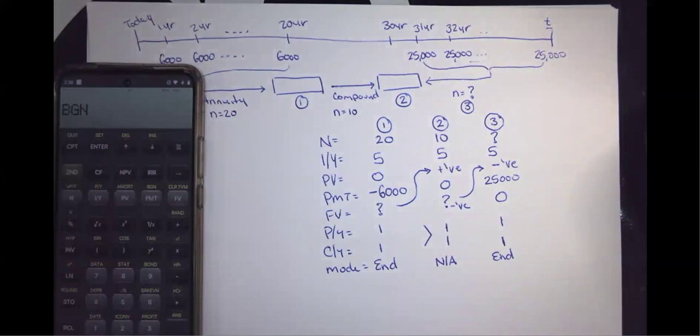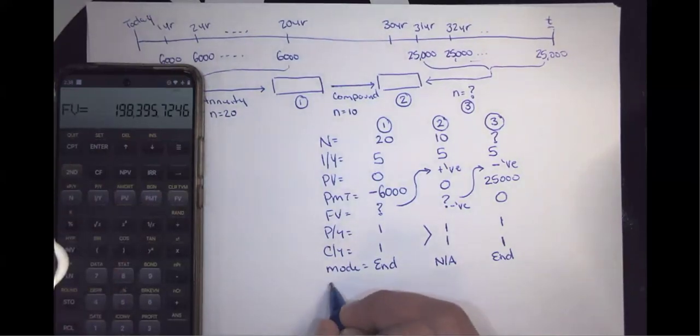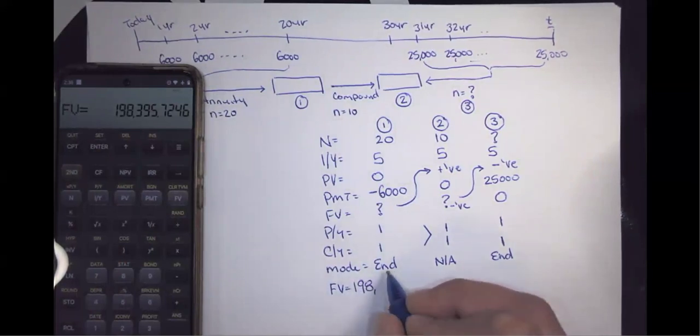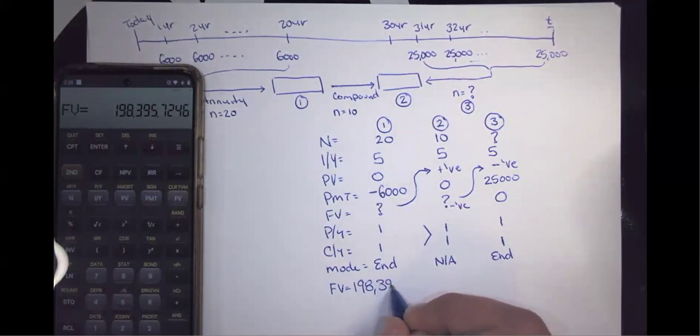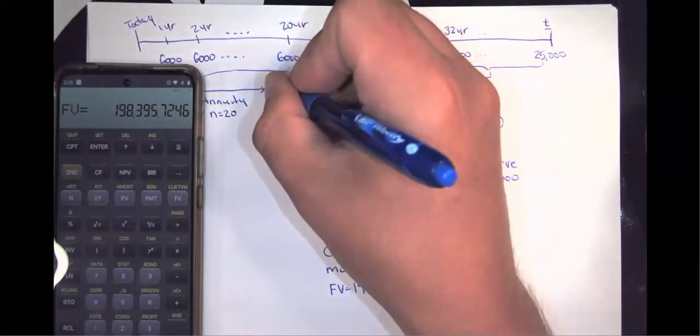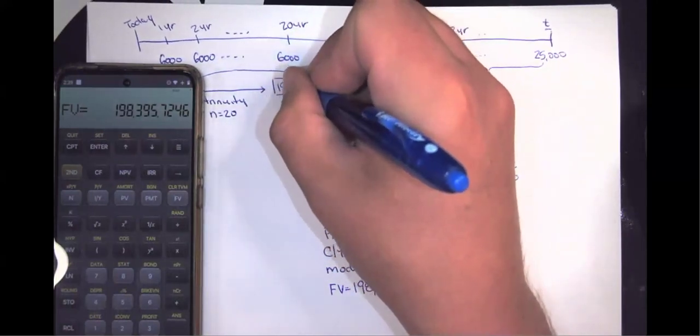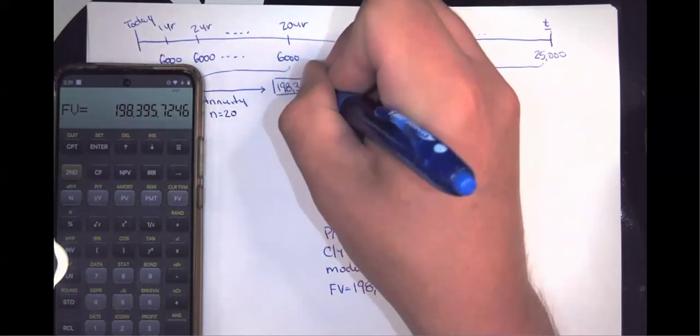We're already in BGN, so we need to set it to end mode. And we need to compute now the future value. So our future value is $198,395.72.